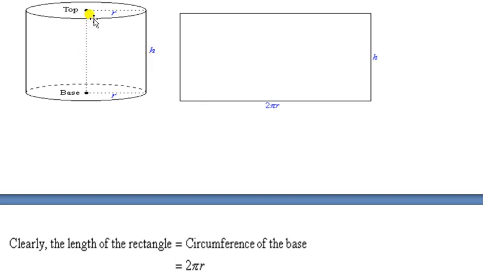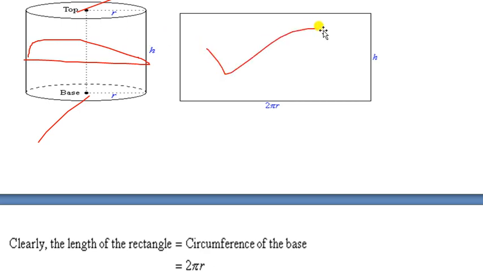That means without the top and base faces, we have to take only this face, because this face is called the curved surface, and you get this face from the rectangular shape.